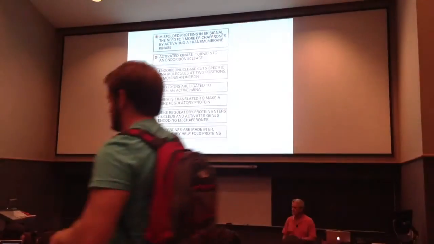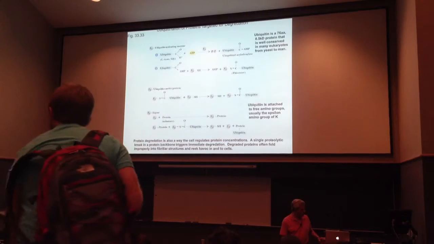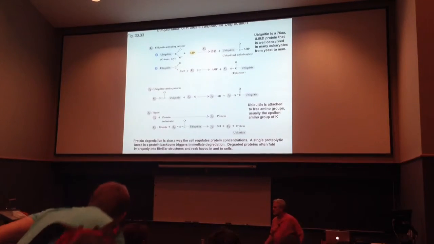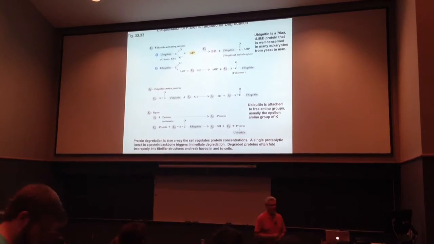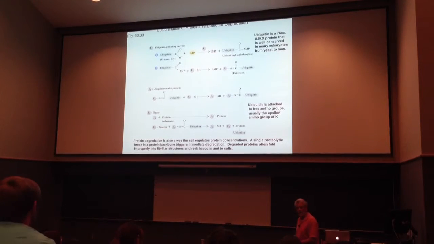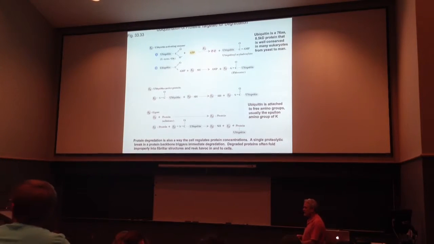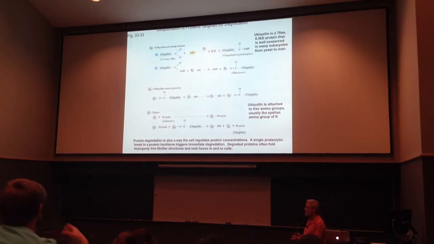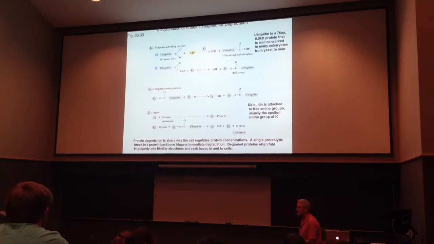Okay, so that's the unfolded protein response. When proteins just can't be folded, they have to be turned over. They're turned over by targeting them either to lysosomes or, more usually, to a structure in the cytosol of the cells called the proteasome. A proteasome is a structure which digests proteins, and it digests several kinds of proteins.